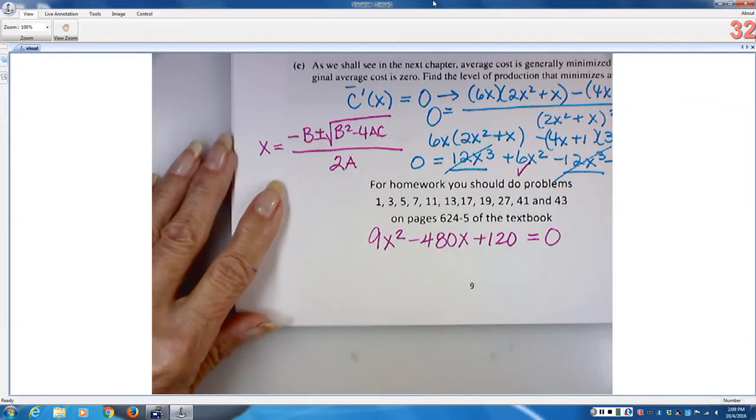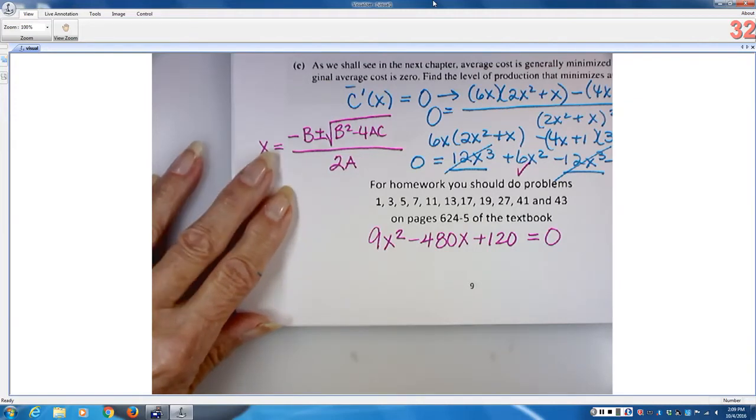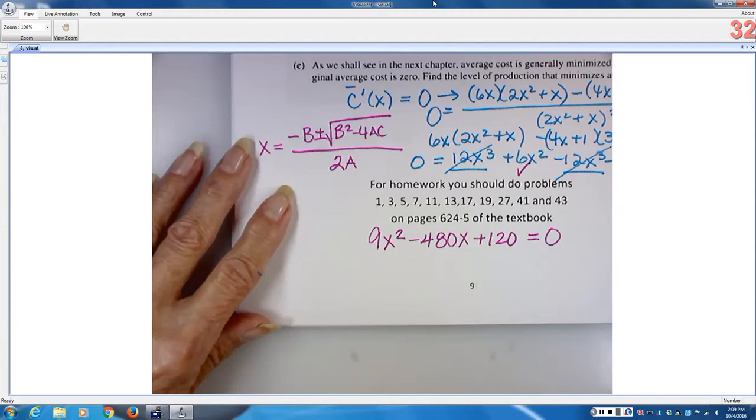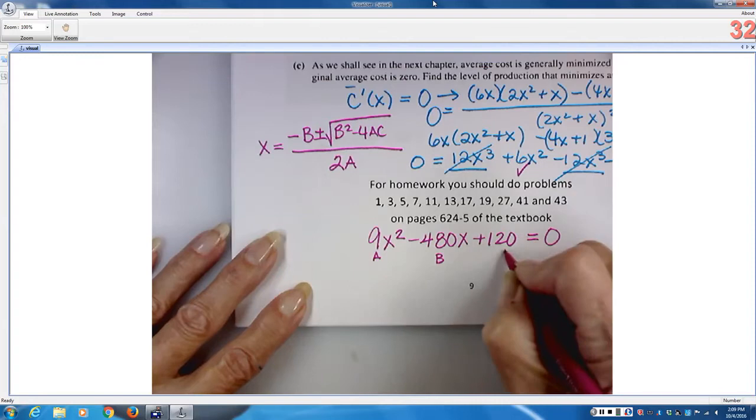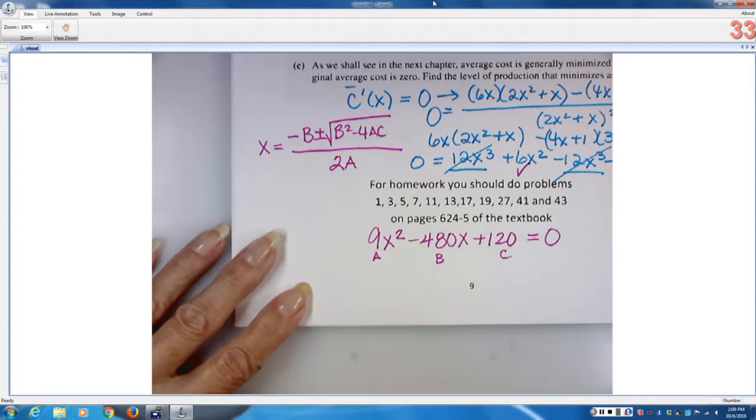Remember that? Minus b plus or minus the square root of b squared minus 4ac, over 2a. And all you're doing is plugging in: this is a, this is b, and this is c. It's just arithmetic.